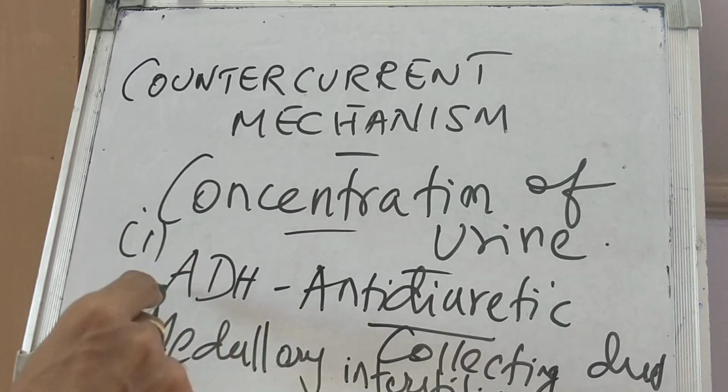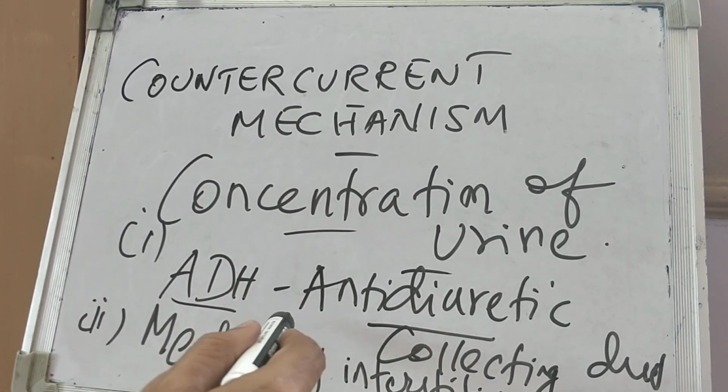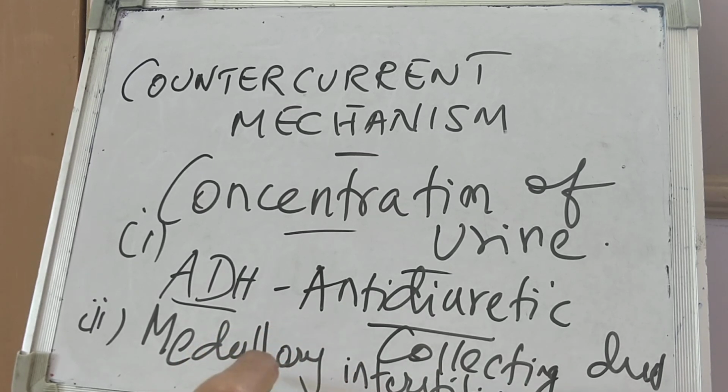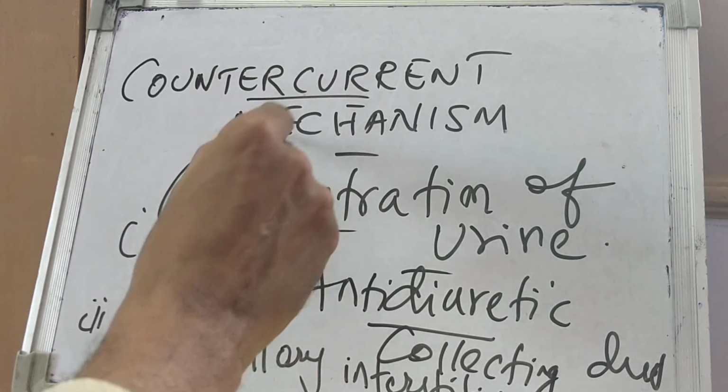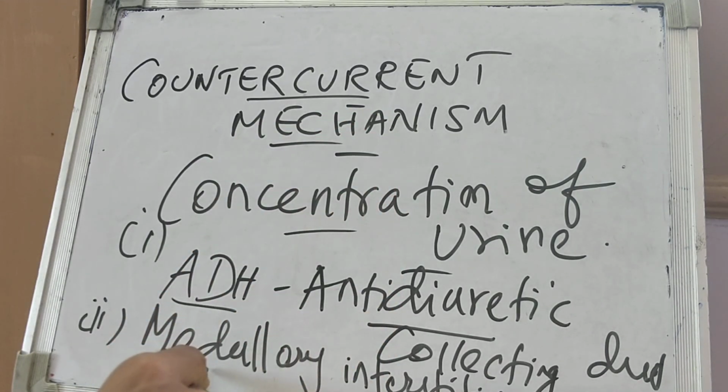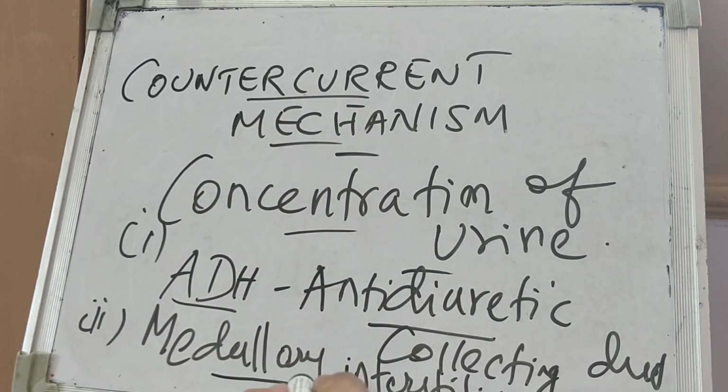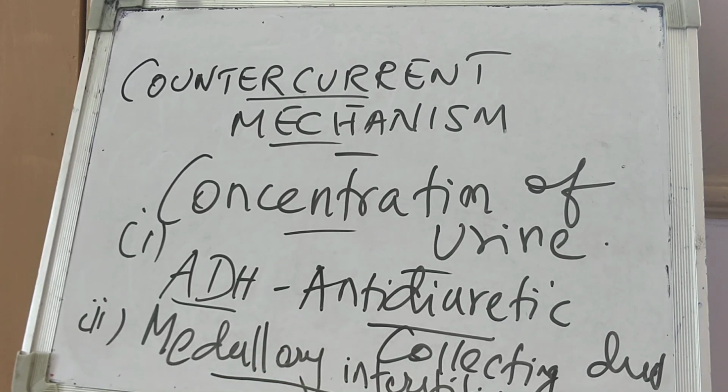So one is the antidiuretic hormone, which increases water reabsorption. The other one is the medullary interstitial hyperosmolarity, that is going to increase the water reabsorption. And the countercurrent mechanism helps in formation of high osmolar medullary interstitium. This we'll see in the next slide.